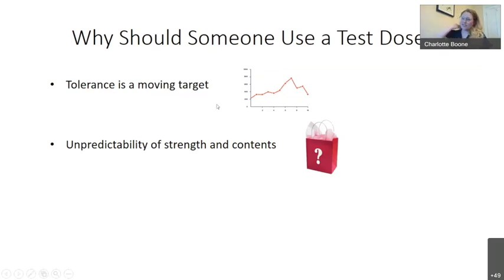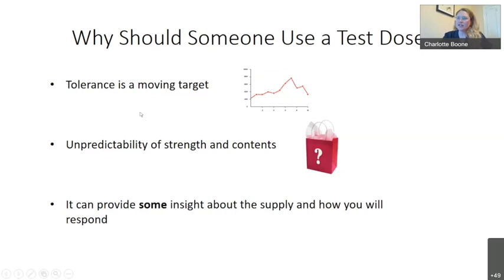As we know, and as we discussed ad nauseum, the contents and the strength of the unregulated market is extremely unpredictable. So the idea of using a test dose is that it can provide some insight about the supply and how you will respond. And the reason I emphasize some is because test dose is not a perfect solution.